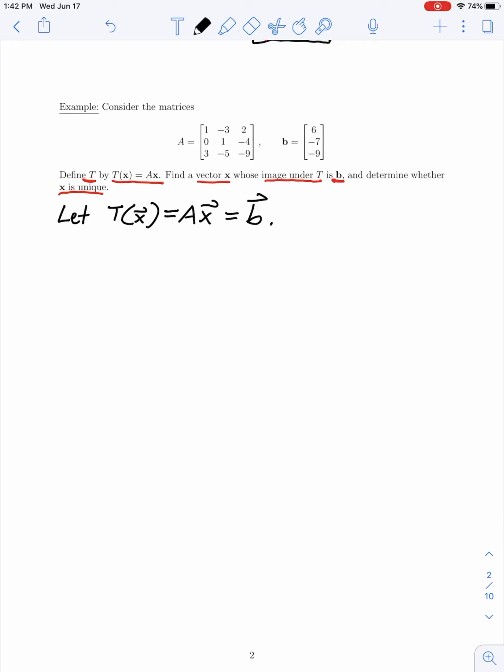Here we're trying to solve the matrix equation A times x equals b, where A and b are known, and we've seen from our earlier sections in Chapter 1 that to solve such a system we can consider the augmented matrix. So the corresponding augmented matrix would be the following.